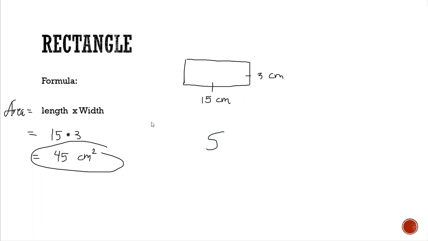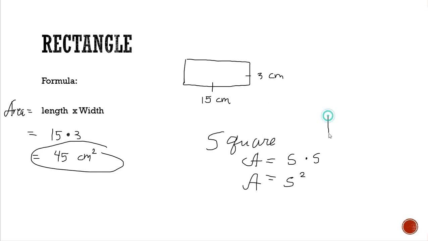As I said earlier, I showed the formula of the square. The formula for the area of a square is side times side. As you remember from the definition of quadrilateral, a square is classified as a rectangle. So the square is a special type of rectangle, and the formula for the area of the square is taken from the formula of the rectangle.